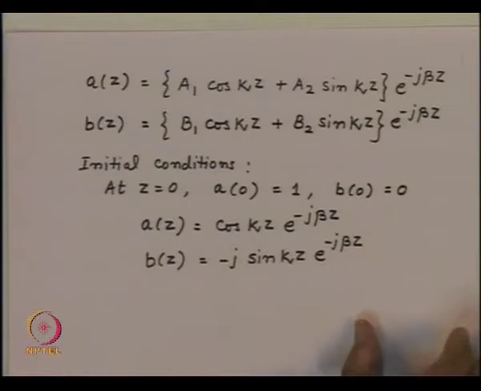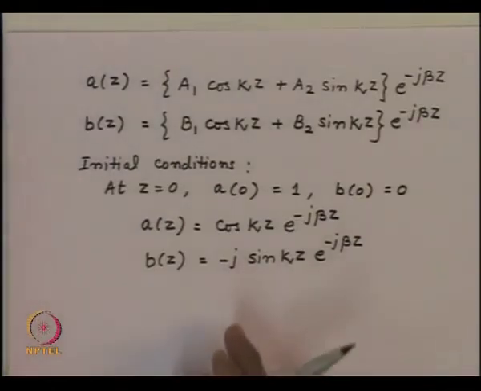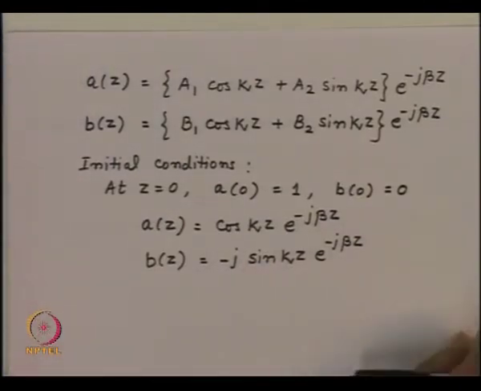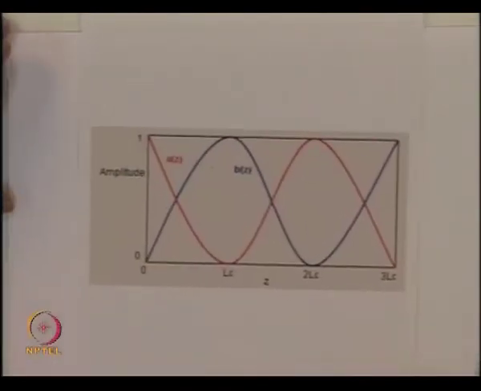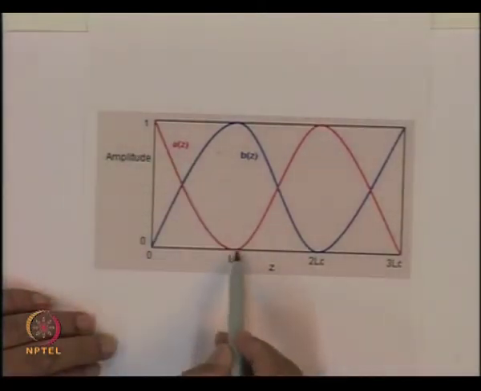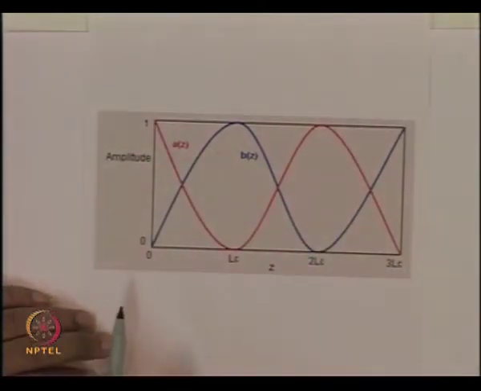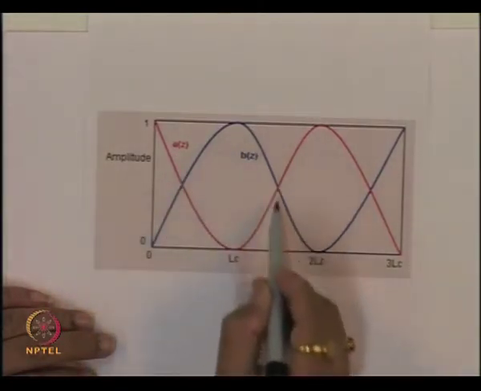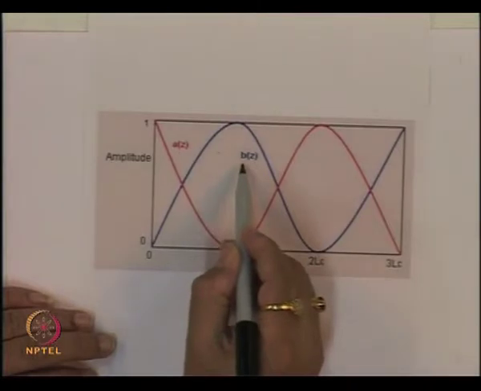This can be plotted now, the amplitude. If I plot the amplitude for these, we get an amplitude which will look like that. Here is the variation, this red color is the variation for A, and this blue is for the signal B.